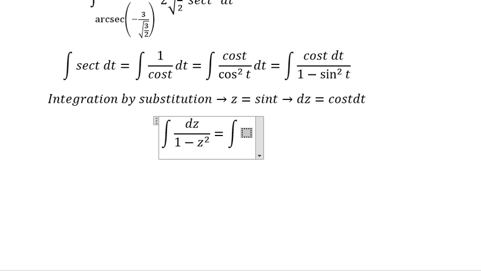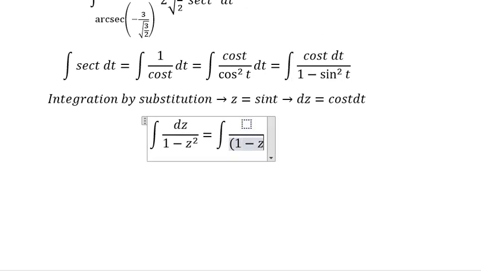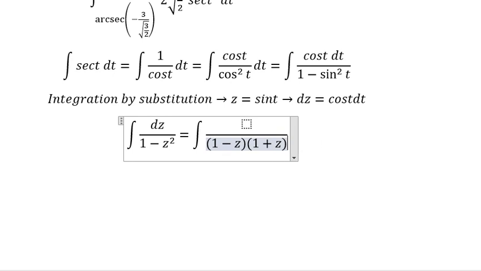Next, 1 minus z squared, we can put 1 minus z multiplied with 1 plus z.